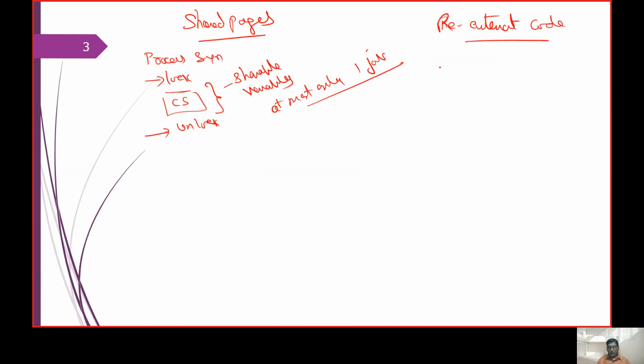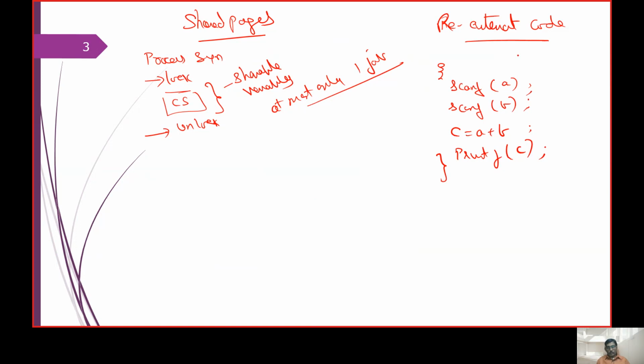Now assume that I have written a simple program: scanf A, scanf B, meaning my intention is to accept some values, and C equals A plus B, and printf C. I'm not taking care of the syntax or the language constructs; this is only for your explanation.